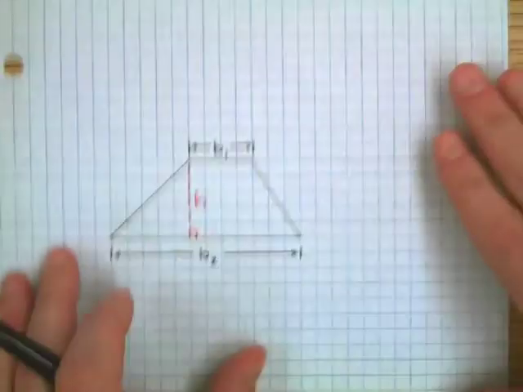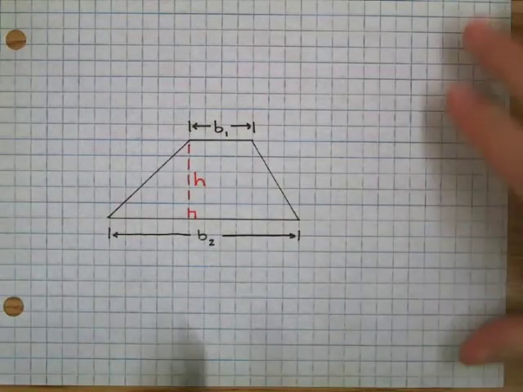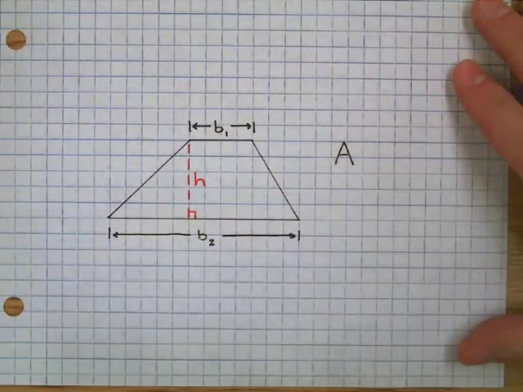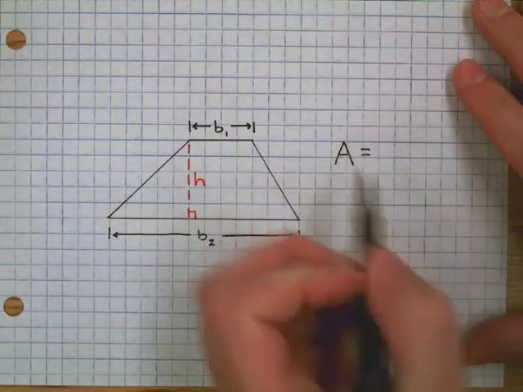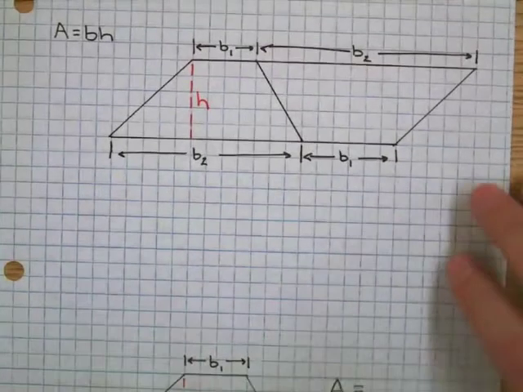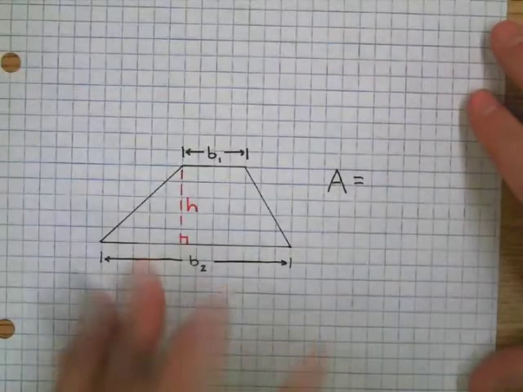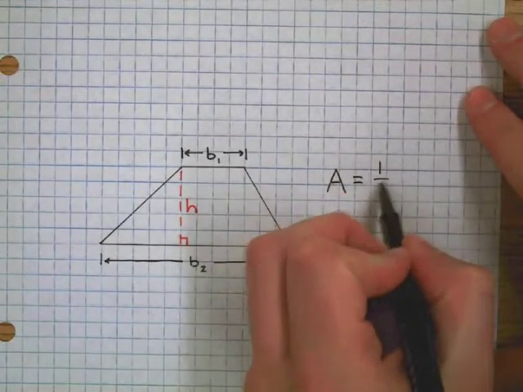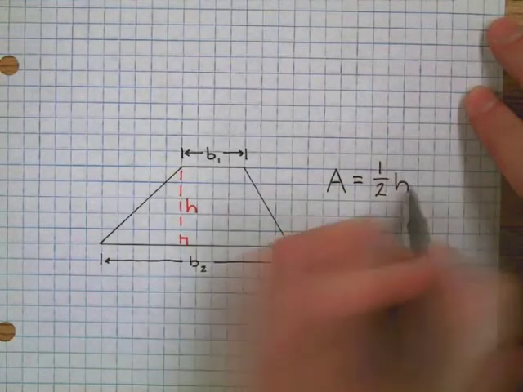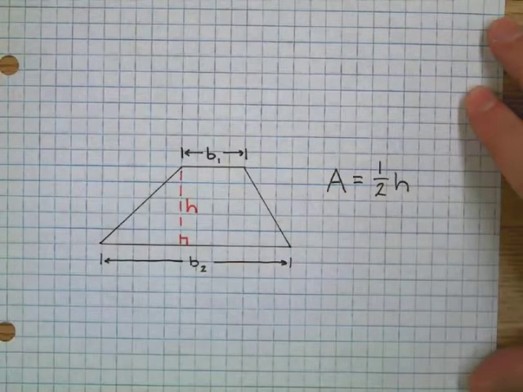Let's look at this. Just this one trapezoid by itself. So if we want to find the area here, we know that the trapezoid was half of the parallelogram. So just like with the triangle, we have half of the base times the height. Well, our height is still this distance here. We'd find that the same way as we would with a parallelogram.